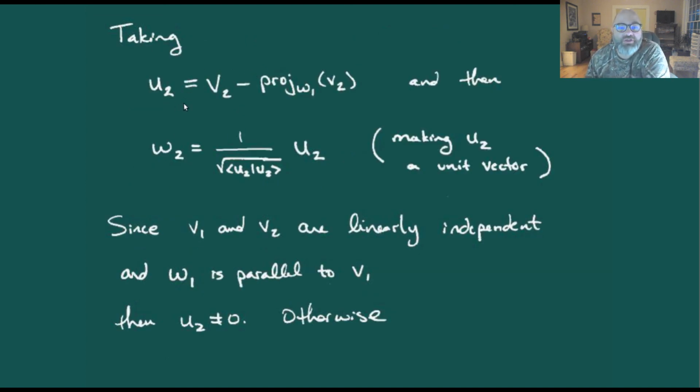Well, if we take u2 being v2 minus that projection, then we normalize that, we get a unit vector that's in the same direction as u2, which is perpendicular to w1. And so w2 is going to be perpendicular to w1. And since v1 and v2 are linearly independent, with w1 being parallel to v1, u2 is not going to be equal to 0.